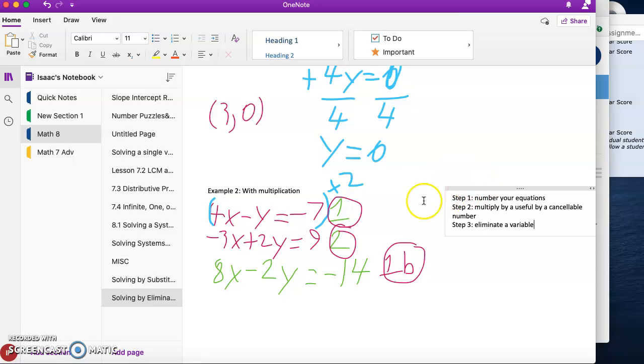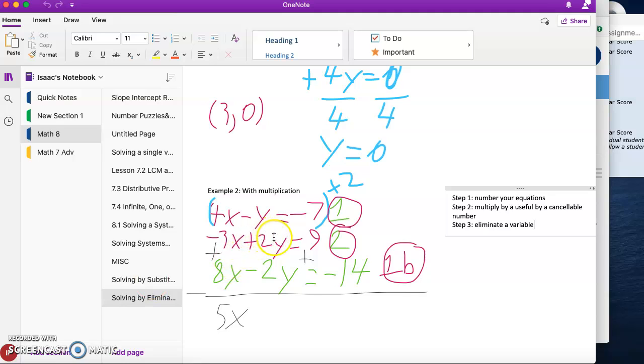So now I'm going to add equation 2 and equation 1b together, just like I did with the previous one. So I'll get negative 3x plus 8x is 5x.